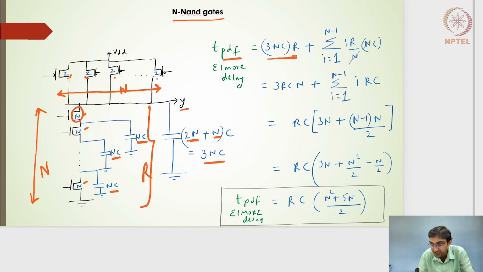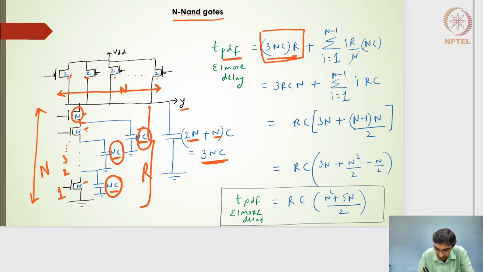So it is 3nC into R. And then I need to accommodate this particular capacitance plus this particular capacitance, and so on. This 3nC is already accommodated here, and I'm left with now n minus 1 transistors, starting from this one transistor, then the second transistor, then the third, up till this n minus 1. The nth transistor's own parasitic is anyways accommodated in this 3nC.